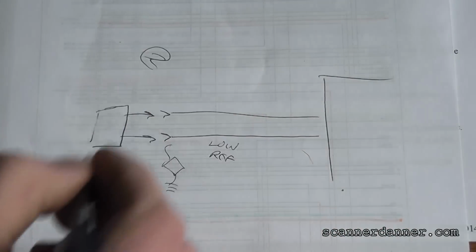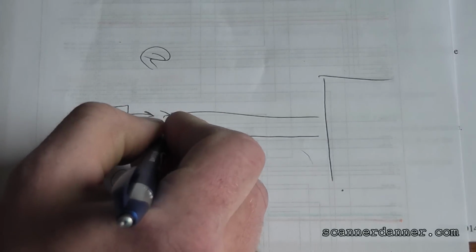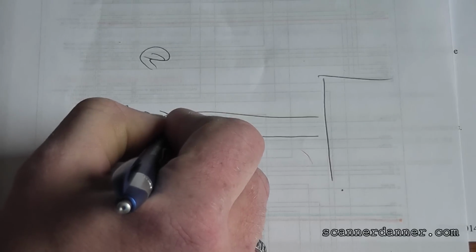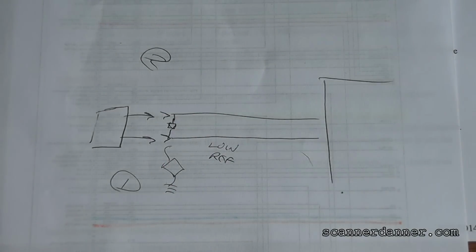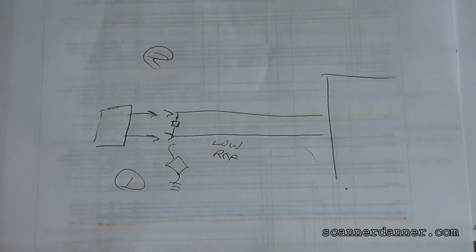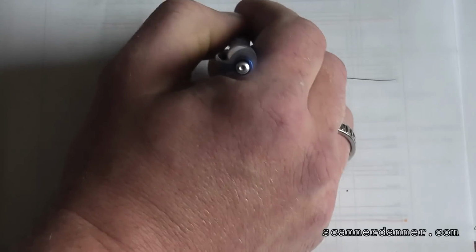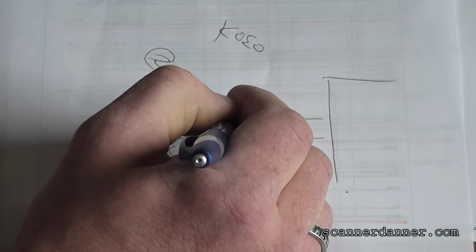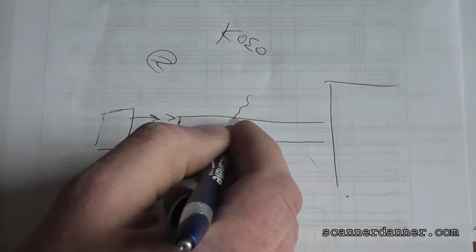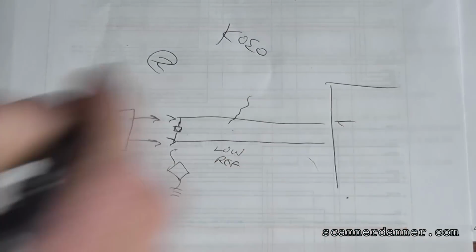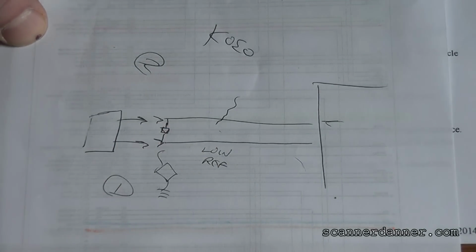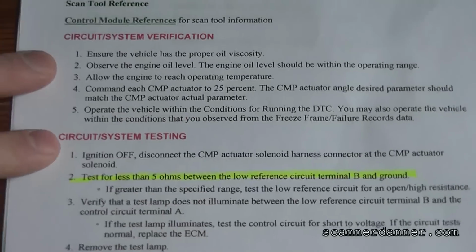Step 2 was to take a test light between these two terminals like that and make sure the light does not light. If the light lights with just the key on, engine off, they're telling you to check for a short to voltage in this positive circuit or a shorted computer that's constantly turning the solenoid on. So not a bad test.